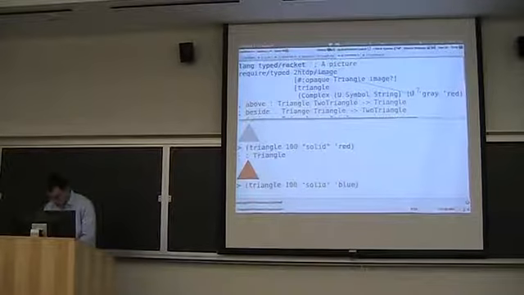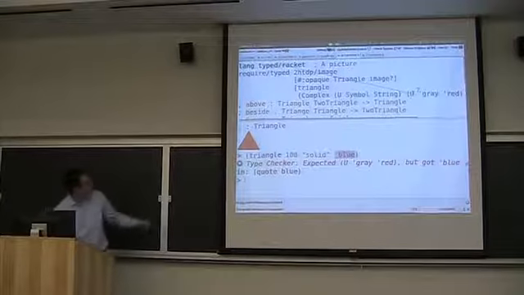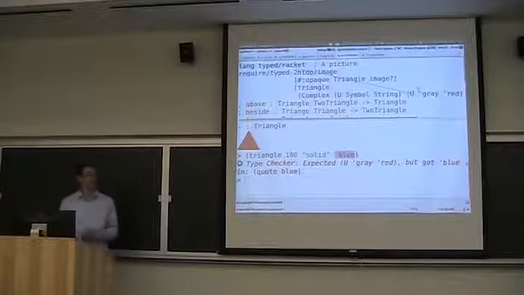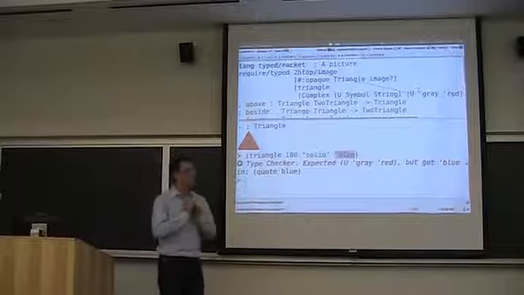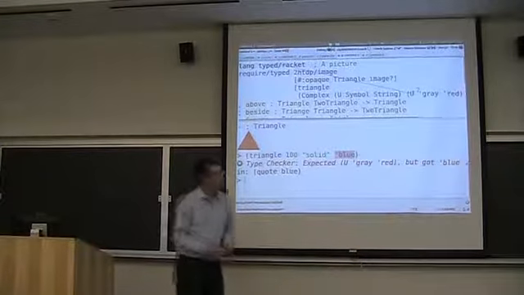Still no blue triangles, though. And it knows that blue's not allowed before it even tries to compute that triangle, because I'm sure that the 2HTTP image library is just going to blow up when asked to construct a blue triangle. Okay.